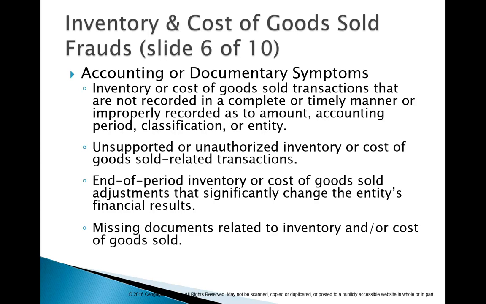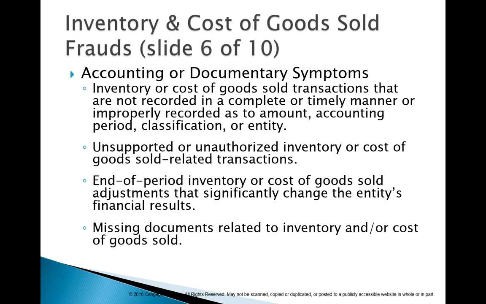But if you see that there are incomplete records about how wages for production personnel are being allocated to inventory, and you're not quite clear, it looks like they may be taking people who work in sales or in headquarters and putting their wages into the cost of the inventory, and you can't tell because there's not enough documentation to determine where these employees are working and if they're actually working in production.